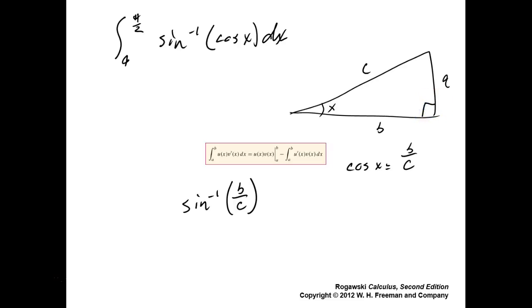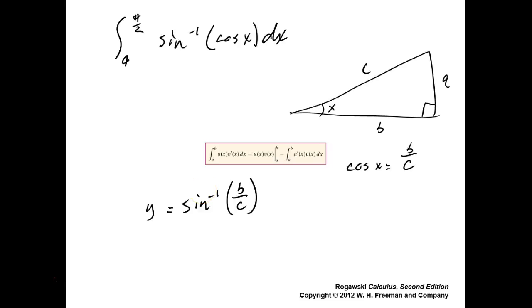The ratio of these two numbers is a number, less than 1 because B is shorter than C. So the inverse sine gives you an angle, the angle whose sine is B over C. Let's not call it x or A or B or C. Let y equal that.